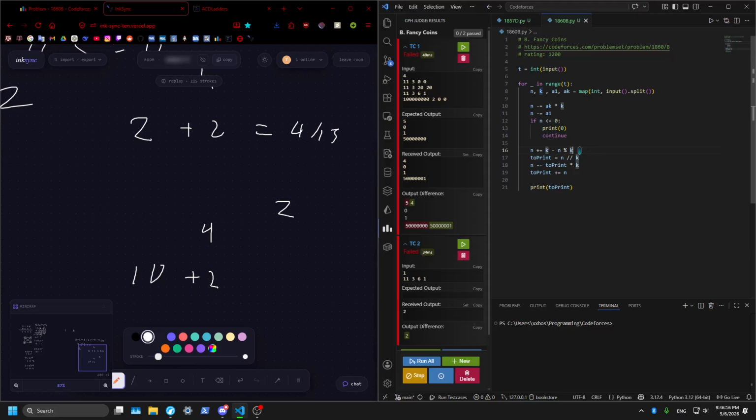So the problem is we get to here, and then we're doing 3 minus 11 mod 3, which is 3 minus 2, which is 1, which means n is 12, which means to print is 12 divided by 3, which is 4, and minus equals 12.